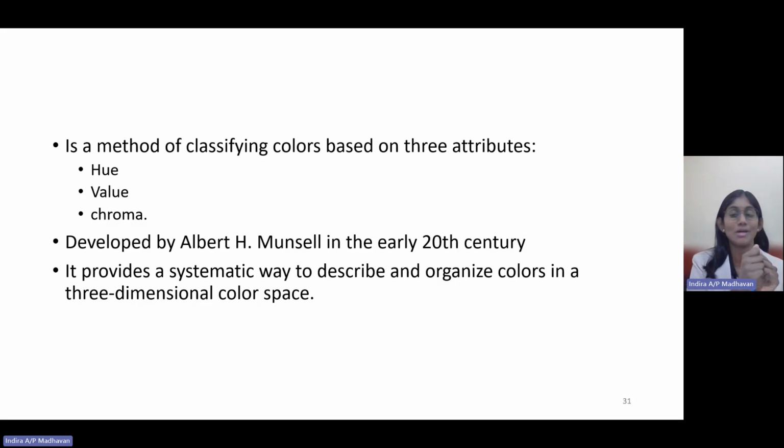Then you will be able to get the value of the color. So that was Albert Munsell's idea on how a proper color vision system is built.